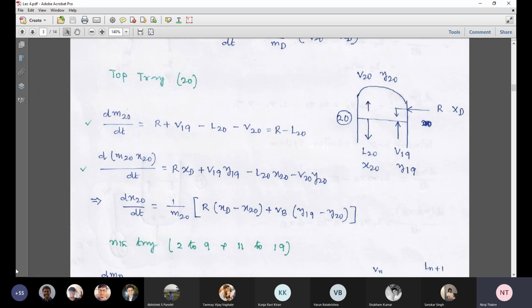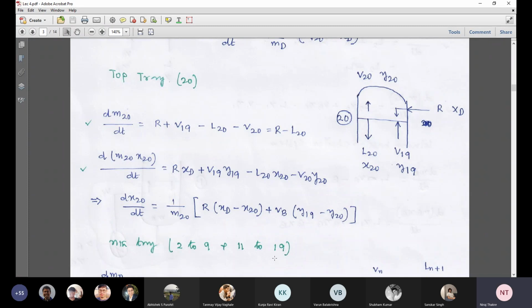That's why we are considering this 11 to 19 tray as a single envelope. I mean, the notations are uniformly defined for 11 to 19 trays.